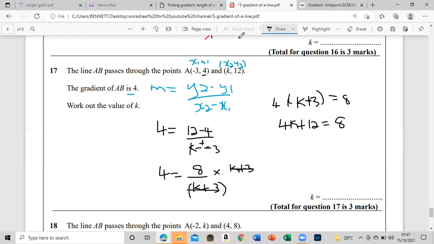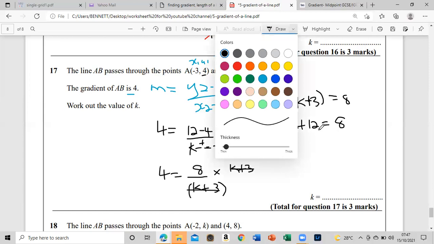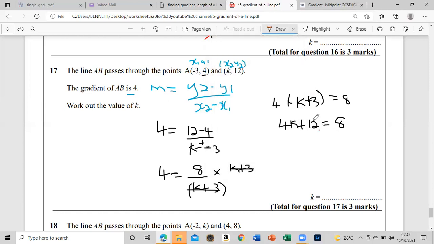So now let us solve this equation. We take the inverse of plus 12, which is minus 12. What we do to one side, we do to both sides. We're left with 4k is equal to 8 minus 12, that's negative 4.